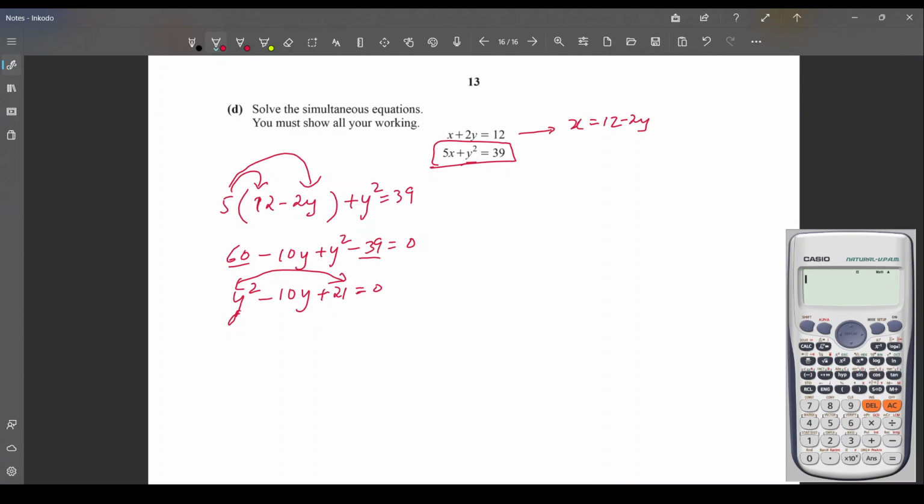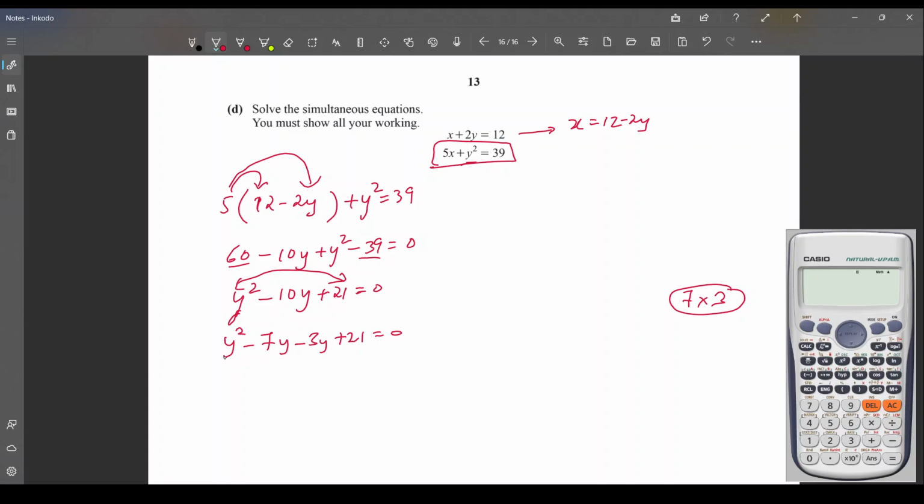We know that the factors of 21 are 7 times 3, and minus 7 into minus 3 is plus 21, and minus 7 and minus 3 is minus 10. So we can write y square minus 7y minus 3y plus 21 equals to 0.